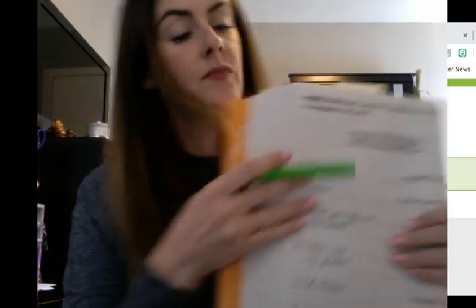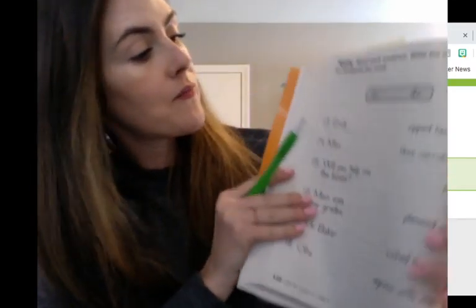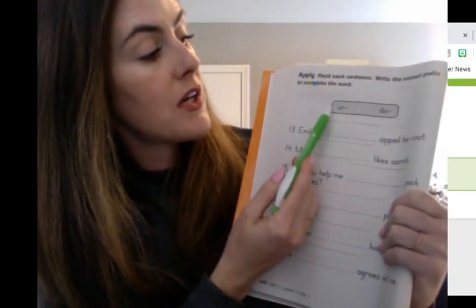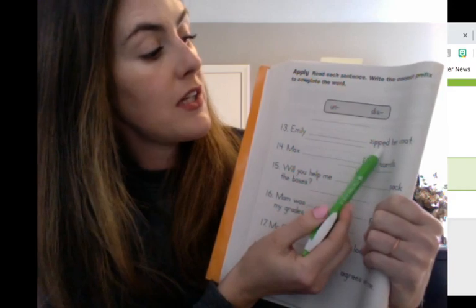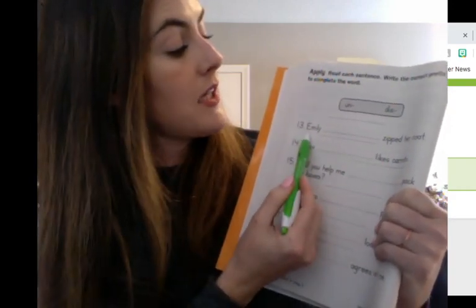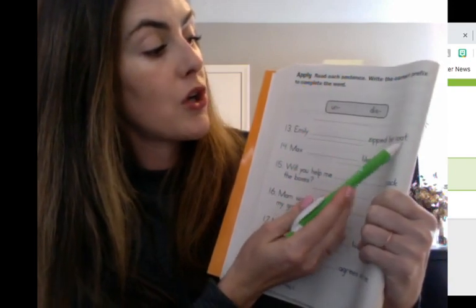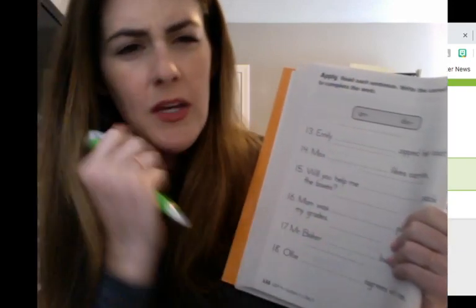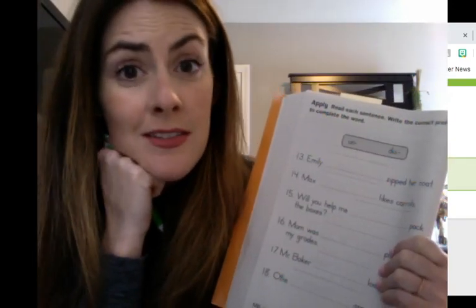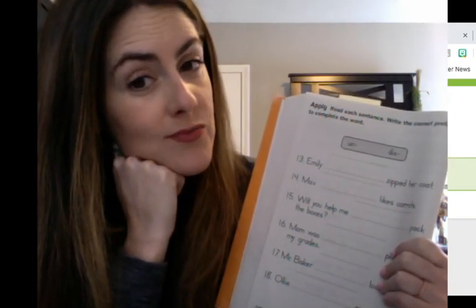Now, you are going to use un or dis in front of each base word in your sentences. Emily blank zipped her coat. Which prefix would make sense here? Un or dis? Do we say dis-zipped or unzipped?